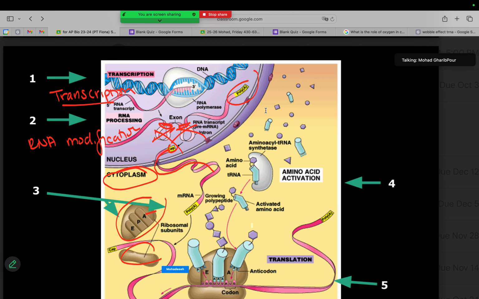Ribosome comes. This last step is translation. The ribosome subunits come. They bind the start codon and the methionine tRNA, and then they start the translation.